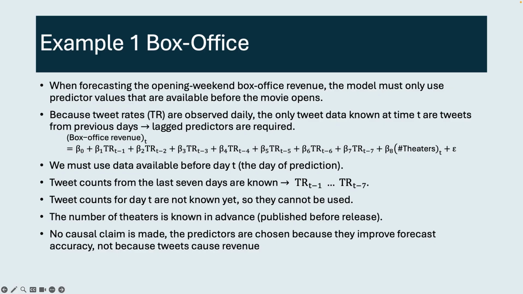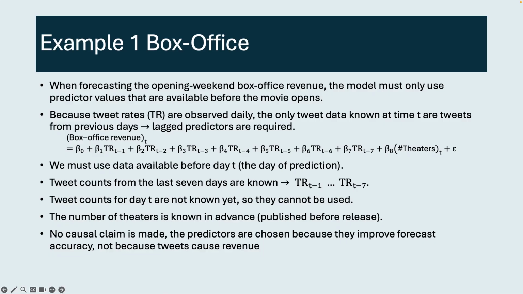So the box office revenue_t, as we are predicting the revenue, is going to be beta_0 plus beta_1 times tweet rate_{t-1}, the lagged values, plus beta_2 times TR_{t-2}, beta_3 times TR_{t-3}, and so on, plus beta_8 times the number of theaters_t, because this is known in advance.